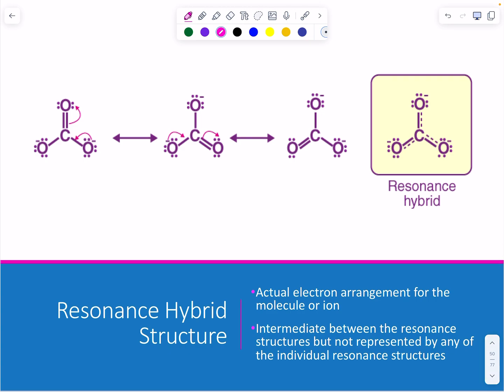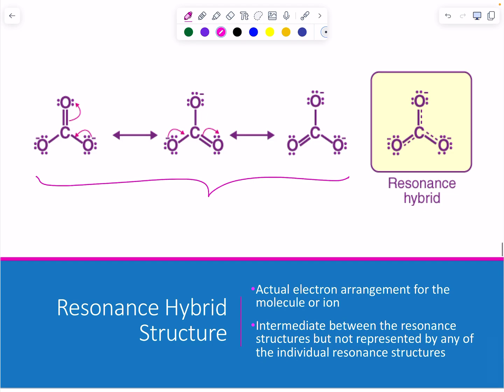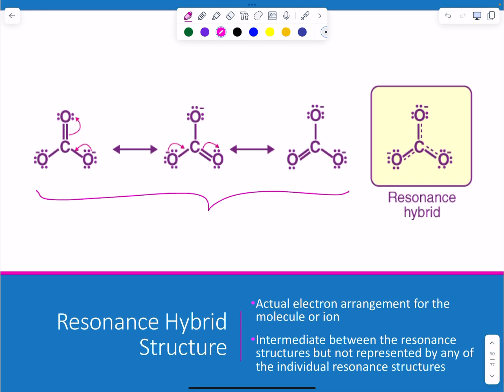So when there are resonance structures, and this is particularly relevant in biochemistry, we represent the actual state of the electrons by drawing something called a resonance hybrid. Notice here we have three possible resonance structures of our carbonate ion.